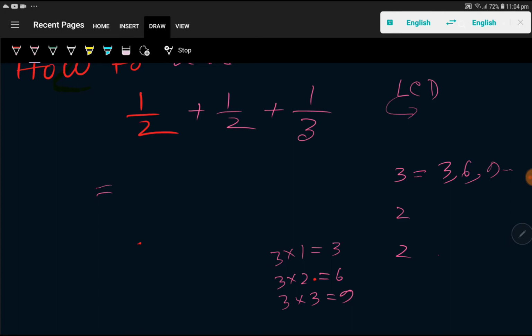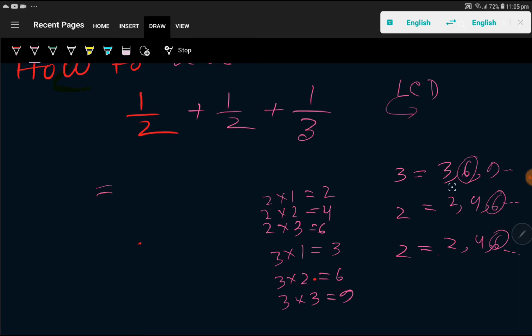The multiples of 2 are 2, 4, 6, right? 2, 4, 6, and this will continue. LCD means the least common multiple. So here the least common multiple is 6.